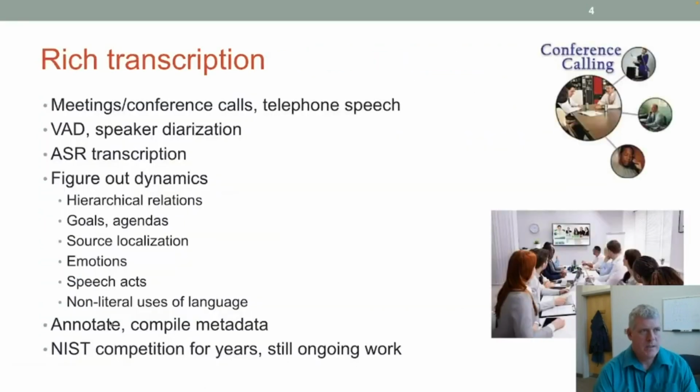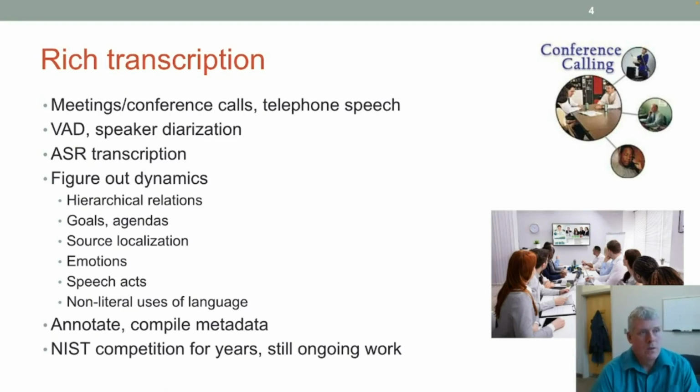One application is rich transcript, which is the idea that you have a bunch of people talking into the same microphone or the same conference call device, or an omnidirectional microphone like this thing. You could turn it into omnidirectional, right? Set to omnidirectional.